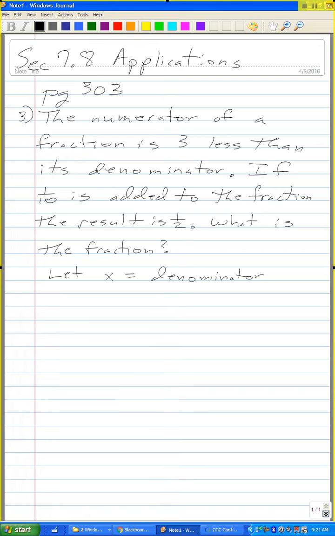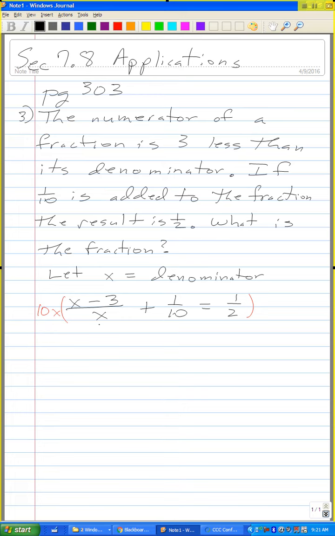The numerator of the fraction is 3 less than its denominator. If 1/10 is added to the fraction, the result is 1/2. Let me multiply both sides of my equation by the least common denominator, 10x.